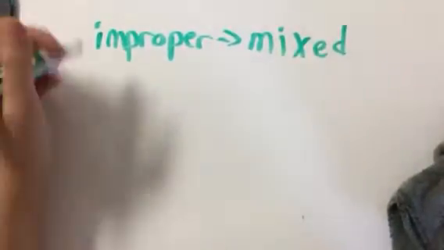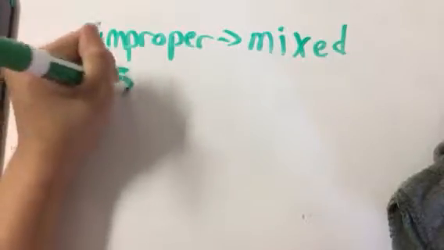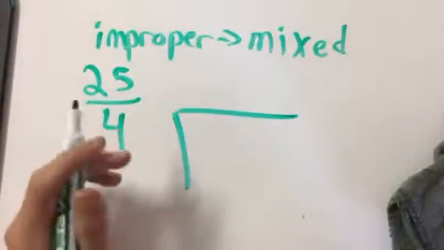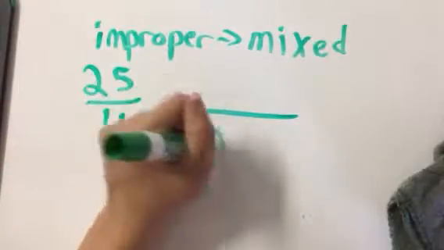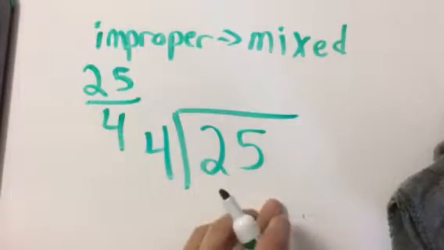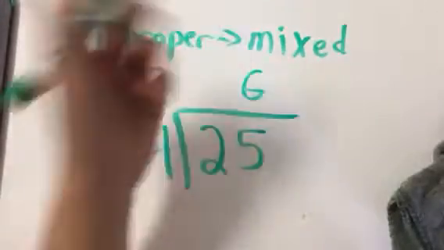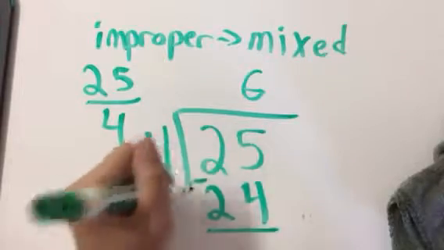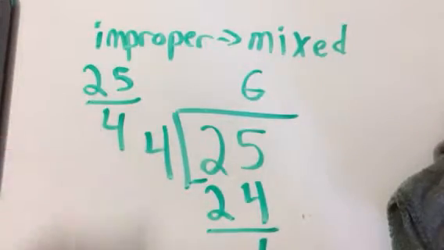My next example will be 25 over 4. I'm not going to draw this one because it'll take so long, but I have 25 on the inside and 4 on the outside. 4 goes into 25 how many times? Well, 6 times. 6 times 4 is 24. 25 minus 24 equals 1.